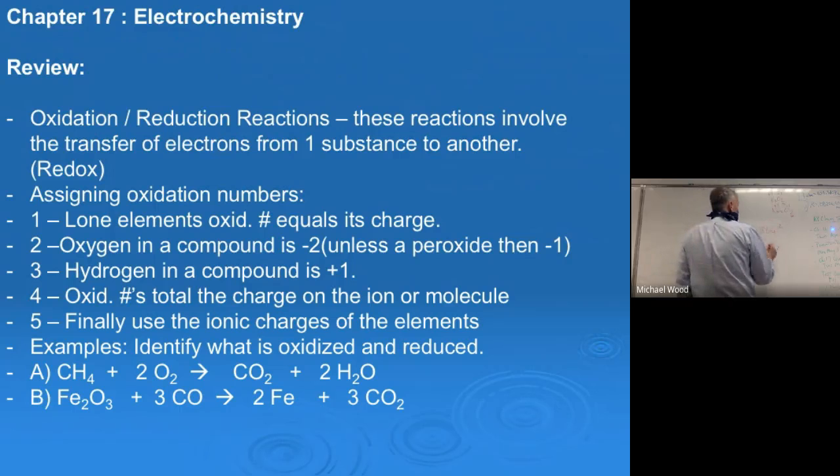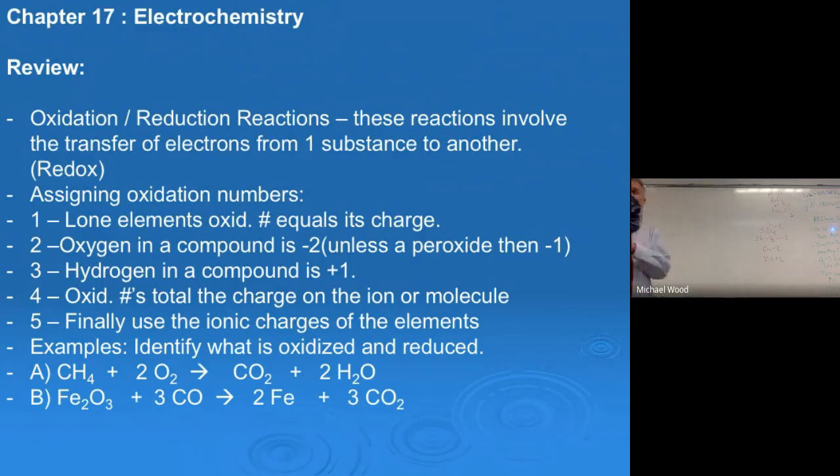So then what is sulfur? Oxygen's -2 times 4 is -8. Each oxygen is -2. Overall it's -8. And this is what I call fill in the blank. It needs to total the charge. So then what does sulfur have to be? What, with -8, equals -2? Well, that would be +6.